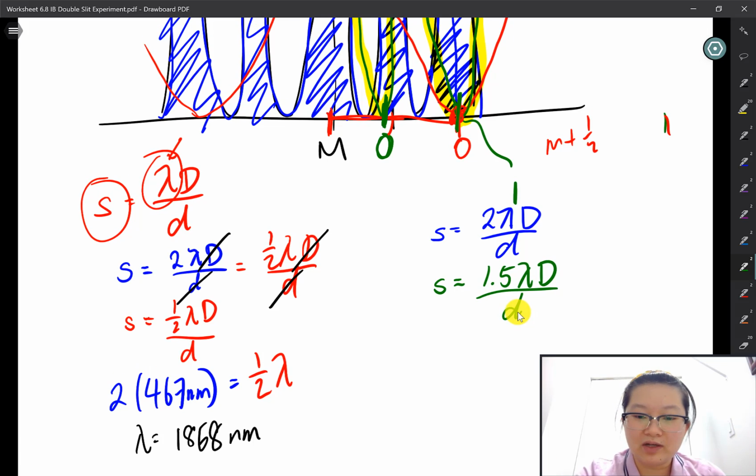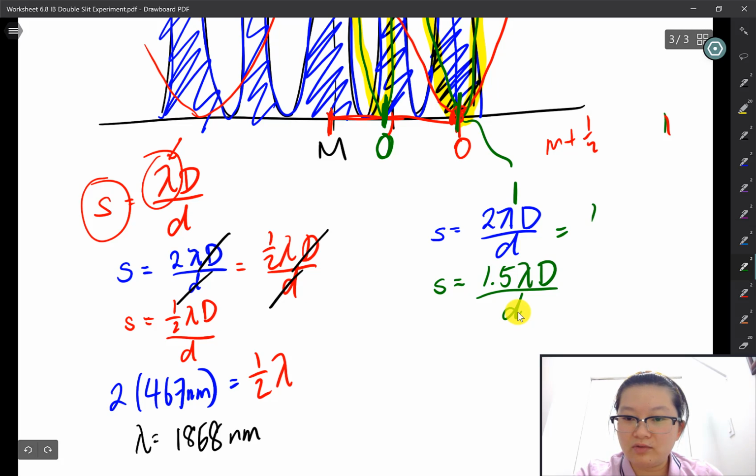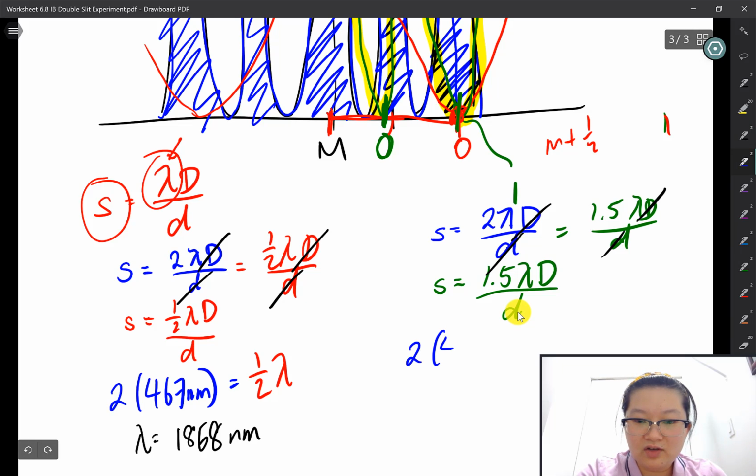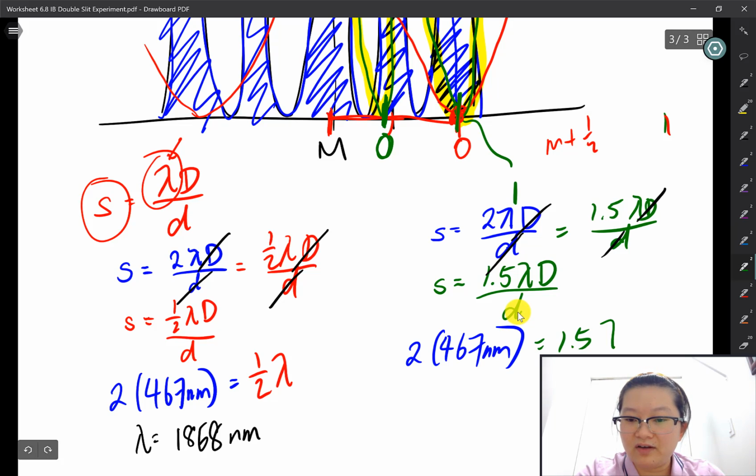We're going to equate these two again. So that's going to be over here equals 1.5 lambda big D over d. So a few things cancel, including these big D's. And we know that the blue wavelength there is, again, 467 nanometers. And this is going to be equal to 1.5 of this wavelength.